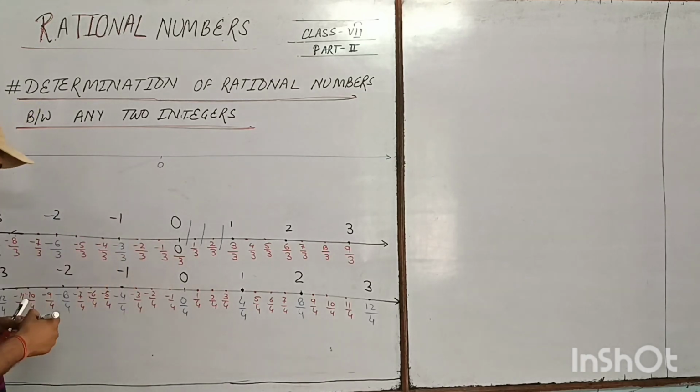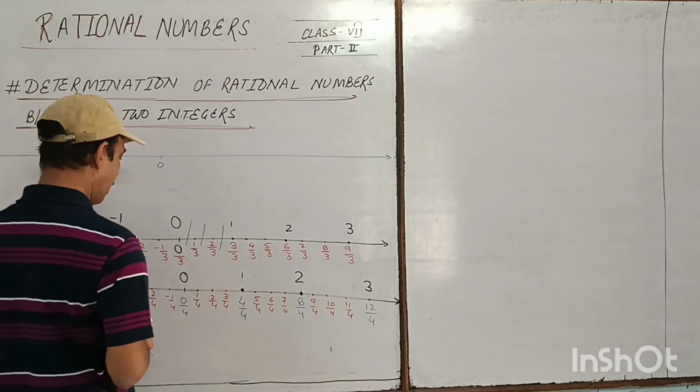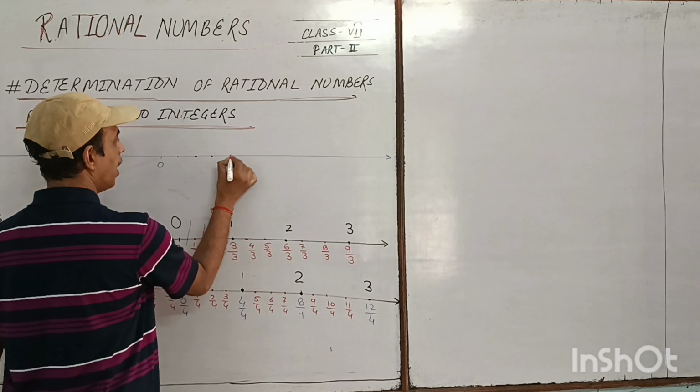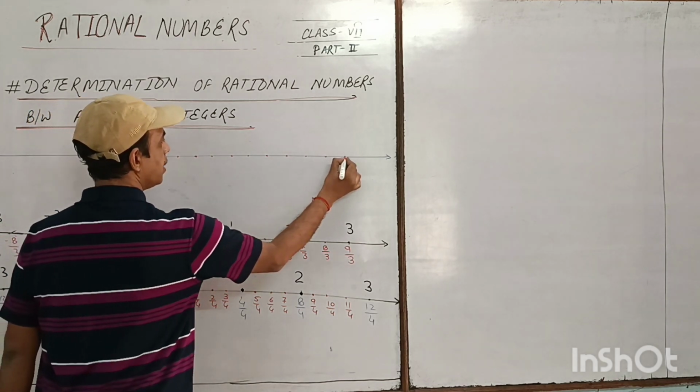Zero. If you say divide it into 10 parts, what you will have then? 1 part, 2 part, 3 part, 4 part, 5, 6, 7, 8, 9, 10.